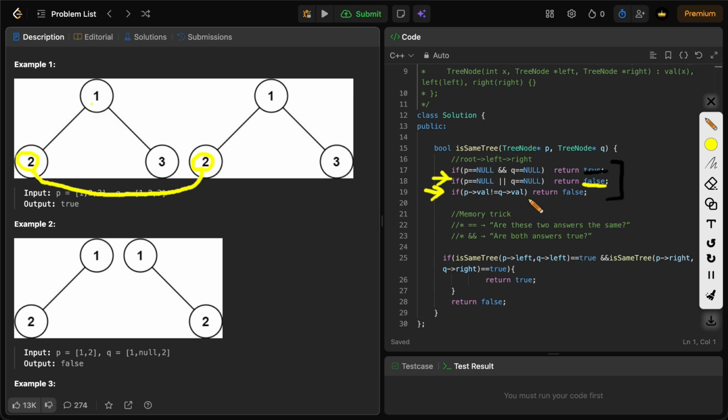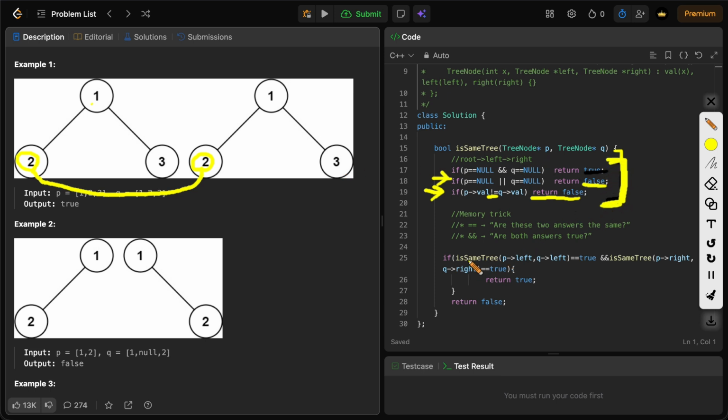So if both the values are not equal, then it will return false. And these are our three main base conditions. And at last we will recurse.